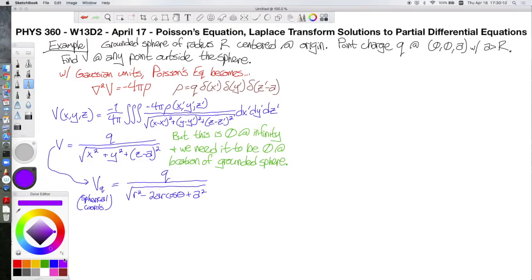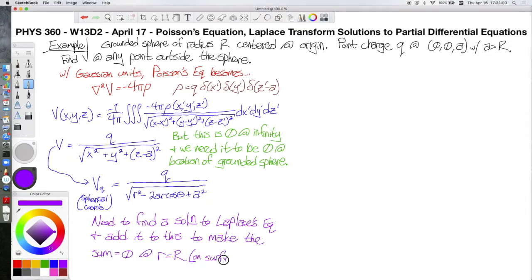And what we need to do here is find a solution to Laplace's equation that we can add to V sub q so that the sum gives us 0 at little r equals big R, i.e. on the surface of this grounded sphere. And that is what we are going to do next.